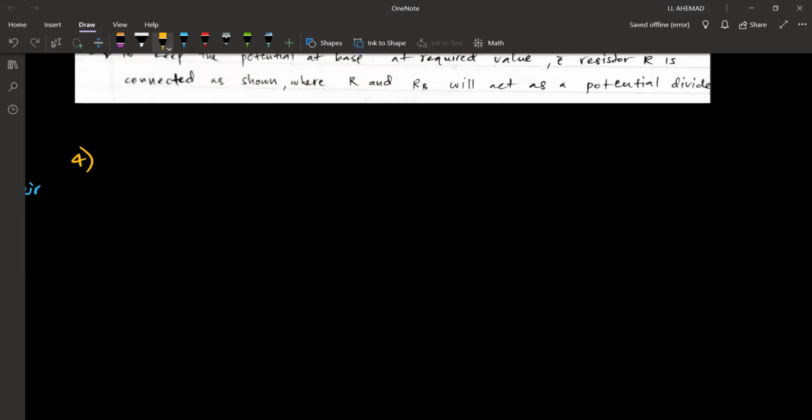We know the 3 regions in a transistor. By comparing the voltage at collector, emitter, and base, we must be able to identify whether it is in the active region or cutoff region or the saturation region.